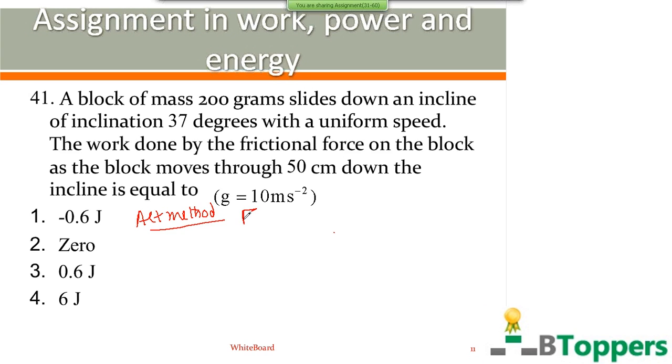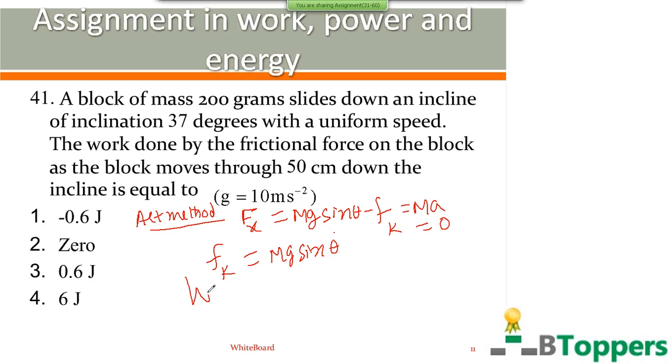The resultant force on the block down the inclined plane, when it is sliding down the rough inclined plane, you can write mg sin theta minus fk. If you choose the direction of the motion down the inclined plane as the positive x-axis, fk is the kinetic friction in motion. That is equal to mass into acceleration. But here it is moving with constant velocity, therefore acceleration is 0, and the resultant force on the block is 0. So the kinetic friction on the block is equal to mg sin theta.